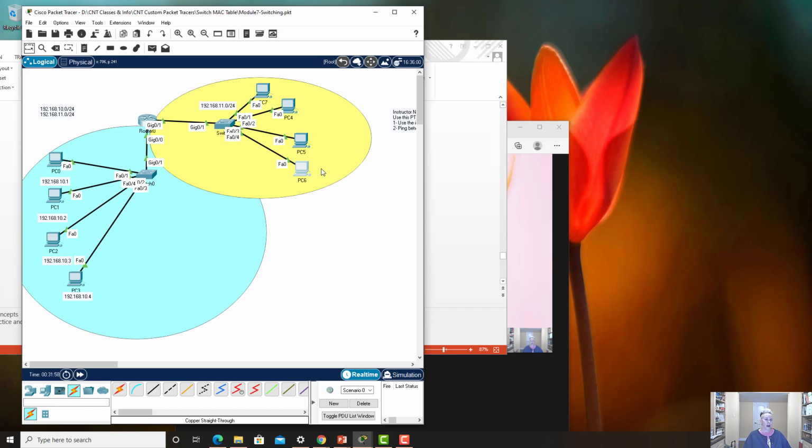But we're going to learn how to assign ports to different VLANs so that we can have multiple broadcast domains associated with one switch and one interface on the router. That's why I want you to understand really well what a broadcast domain is under the way that they currently exist, so that we can better understand what we're doing when we create these new types of broadcast domains on the same devices.